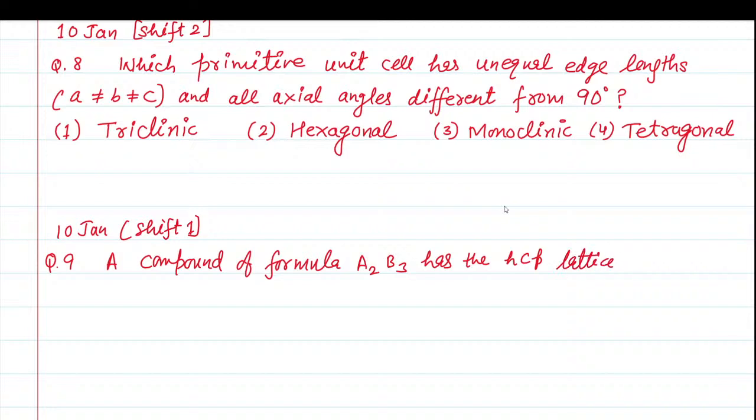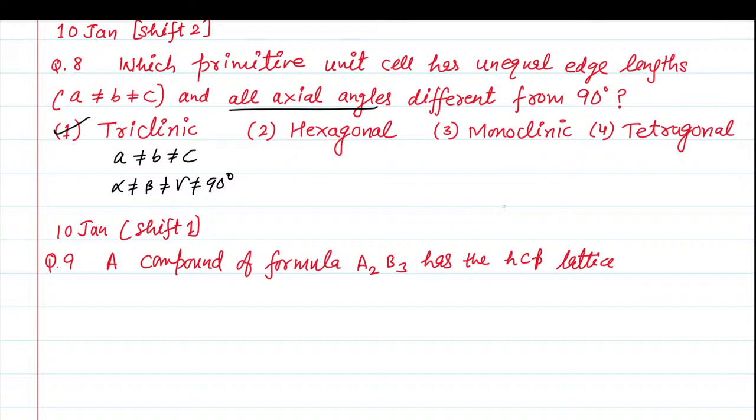So it is triclinic because it is written which primitive unit cell has unequal edge lengths and all axial angles different. So for triclinic, a is not equal to b is not equal to c, alpha is not equal to beta is not equal to gamma, not equal to 90 degrees. It is the most unsymmetrical system. Option 1 is correct. Now next question.